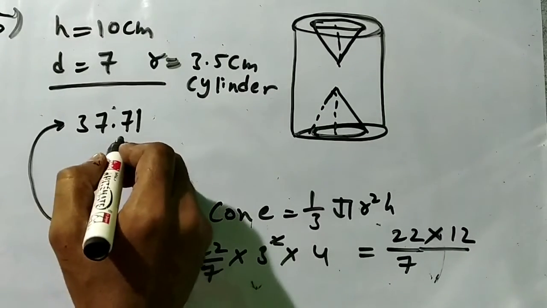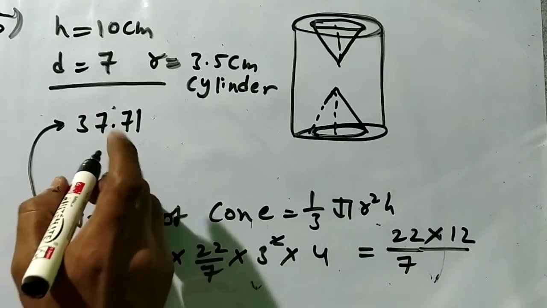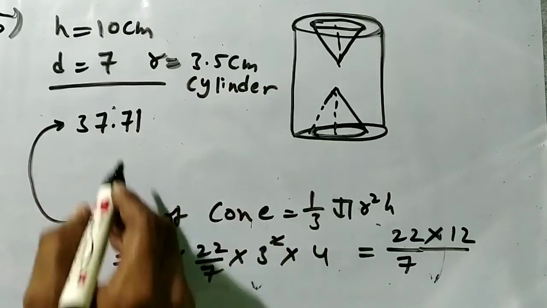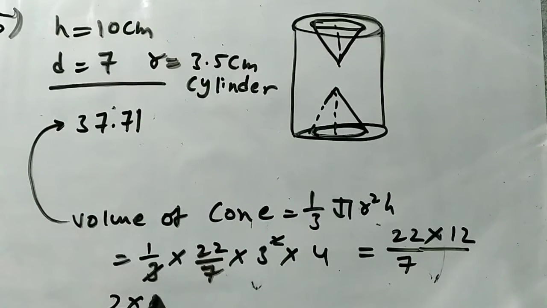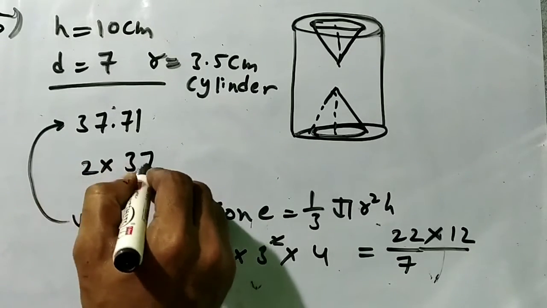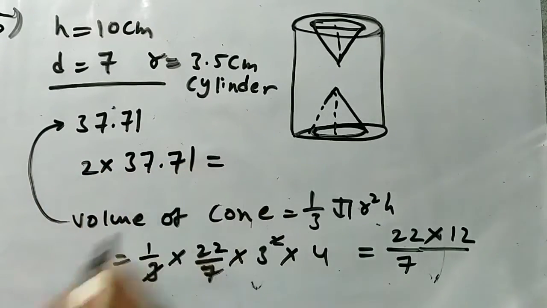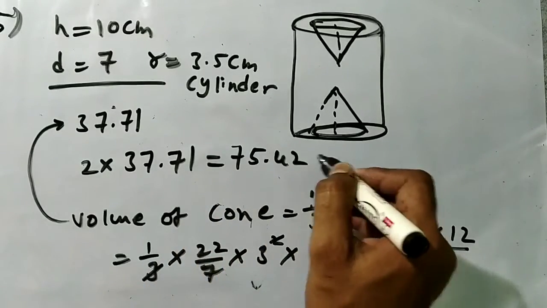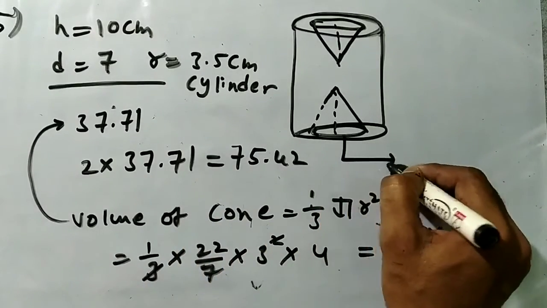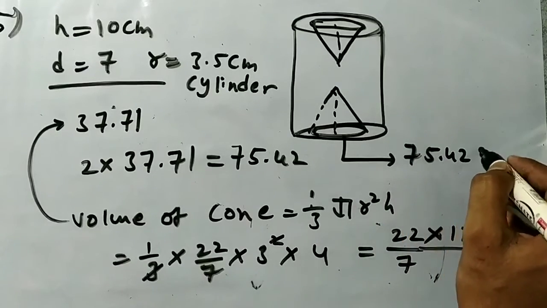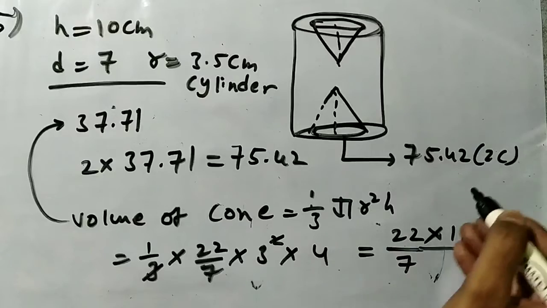We got this value, and actually this is only one cone. To get two cones, just multiply by 2. That is 2 into 37.71 equals 75.42, the volume of two cones.